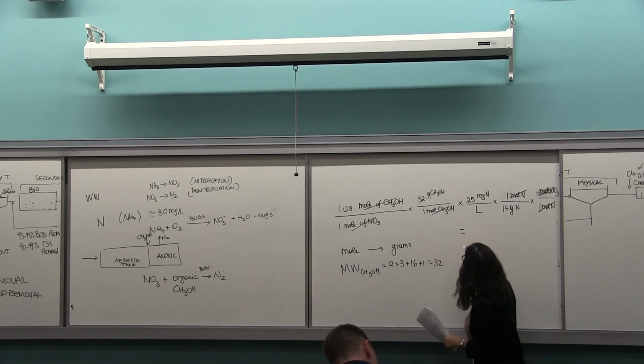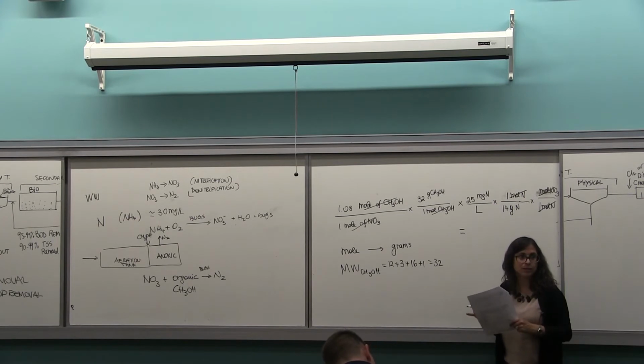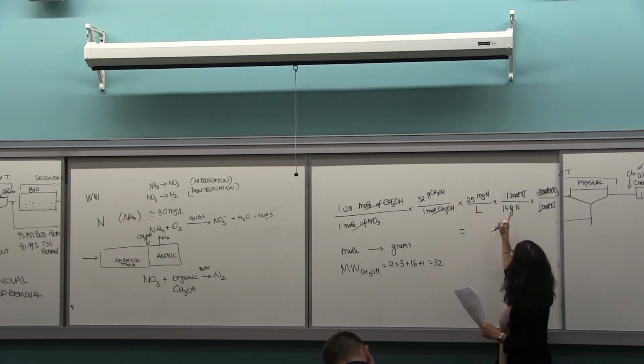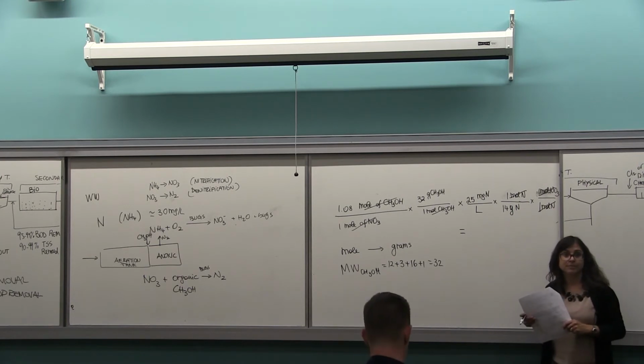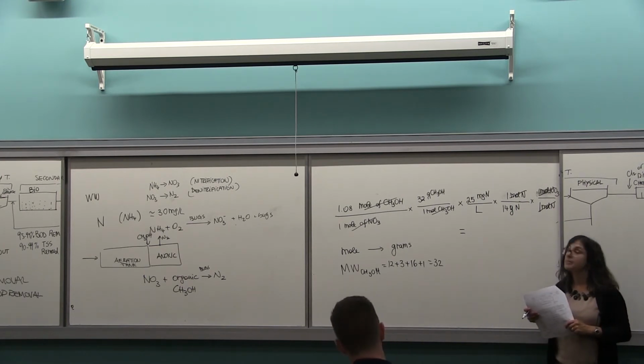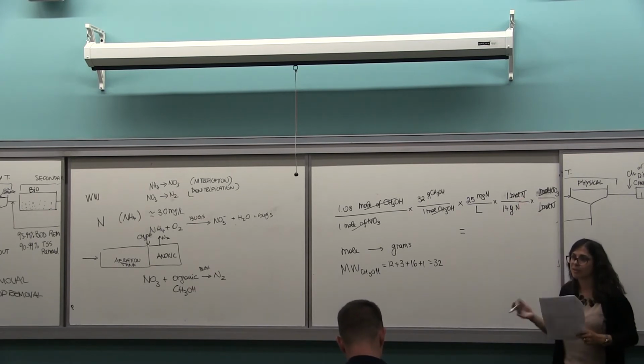I don't have to change any unit, because gram and gram go, milligram stays, milligram per liter. I can write down 1 millimole per 1 milligram.